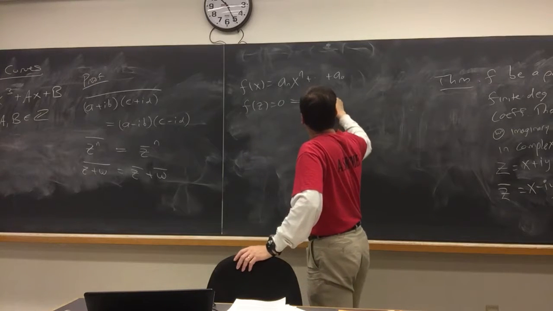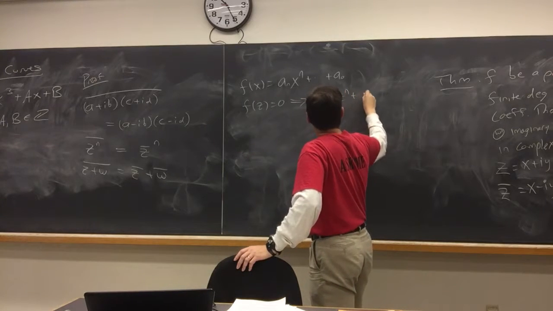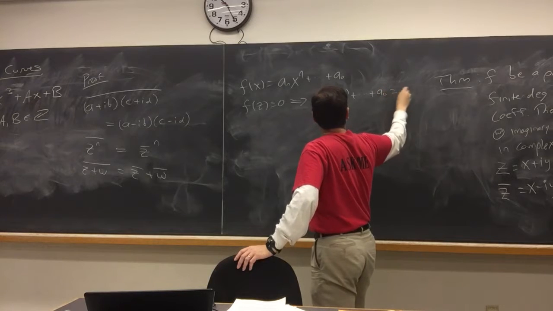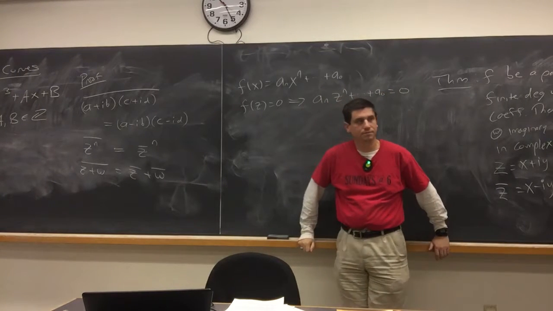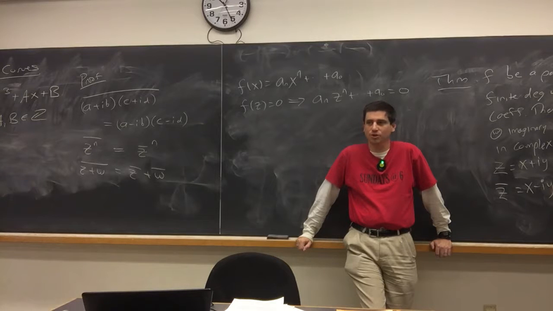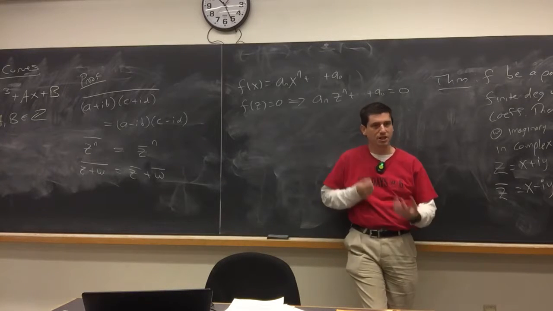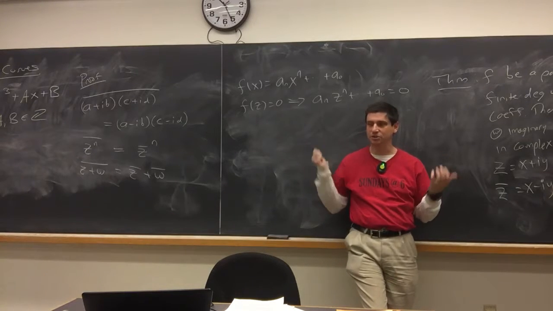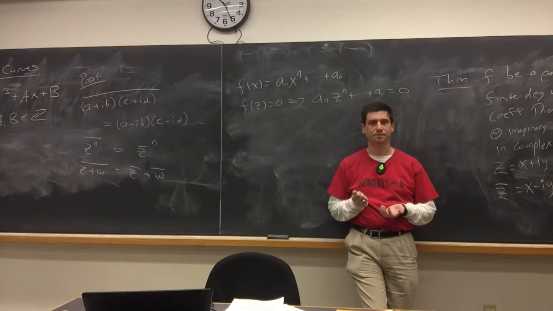So that means we have an z to the n plus a0 equals 0. What should we do? So you have to take f of z conjugate. One thing is we could take f of z conjugate, or we could take the conjugate of the whole expression. They're both going to be very similar. I think it's easier to take the conjugate of the whole expression.